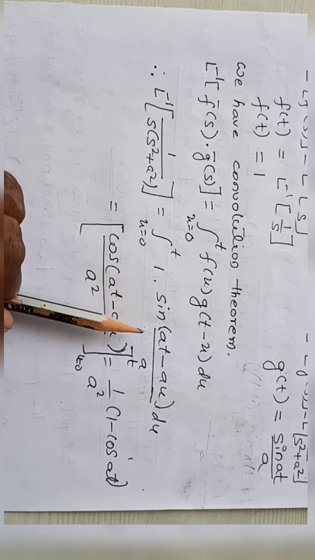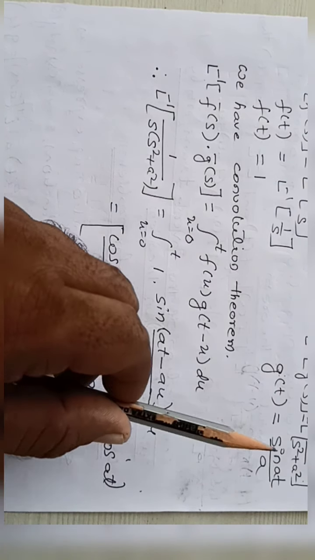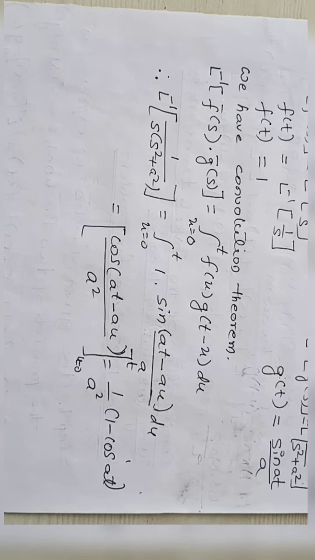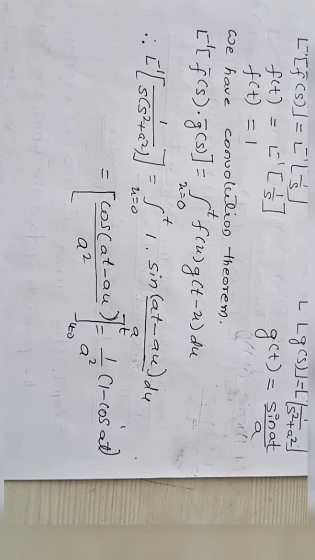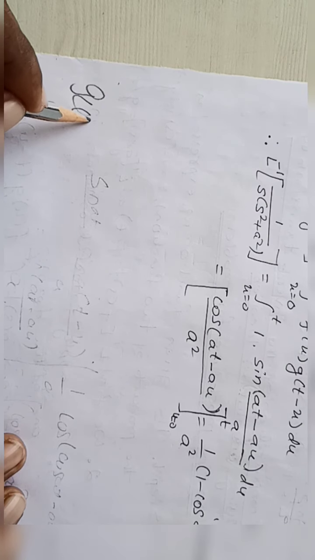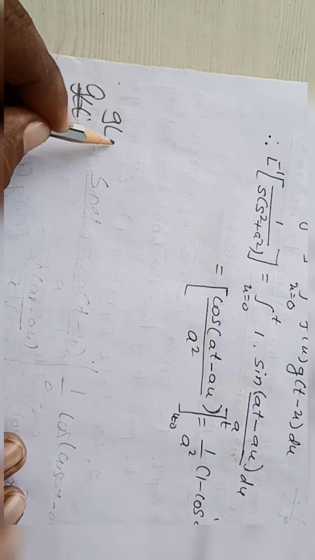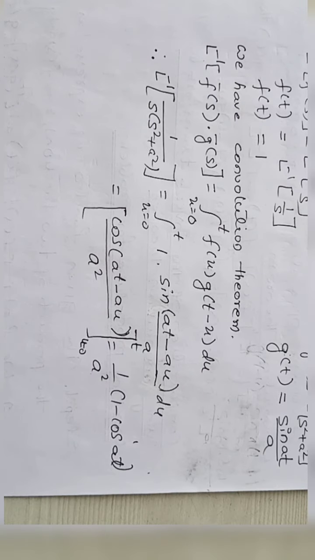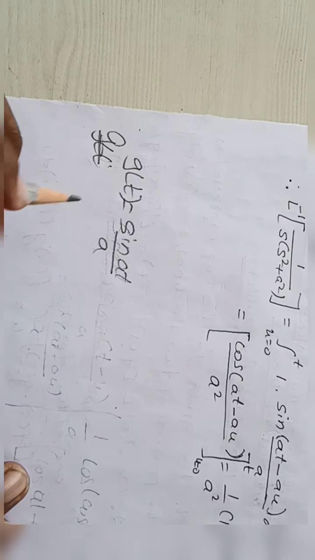Next, g of t minus u. How to solve this? g of t is equal to sin at by a.